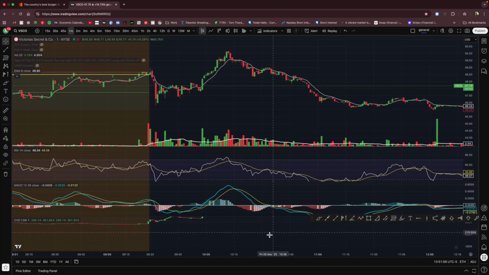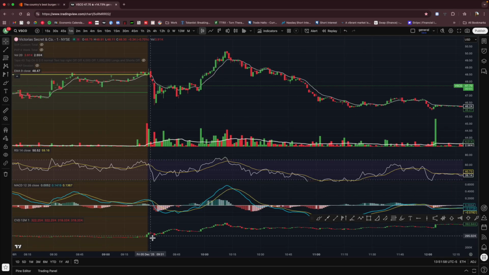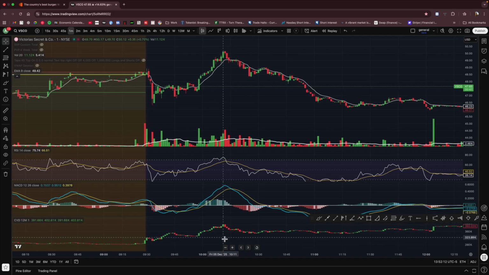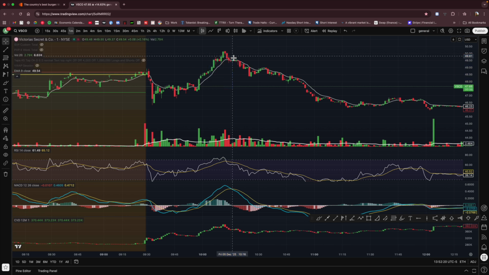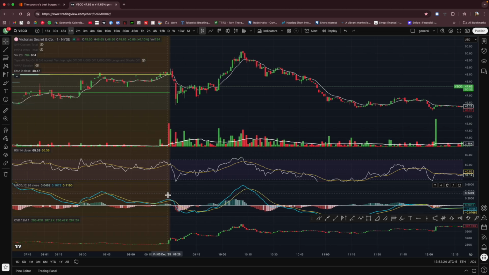On the CVD, we have continual buyer aggression that plateaus a little, but when the real move happens, you can follow it, and then this strong selling signal tells you to come out. You could probably make about a 5% move.